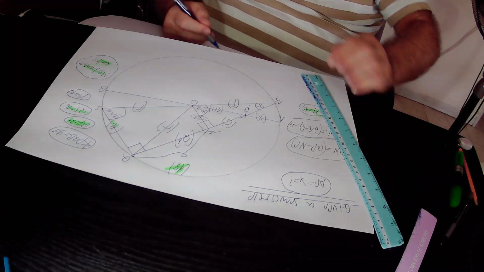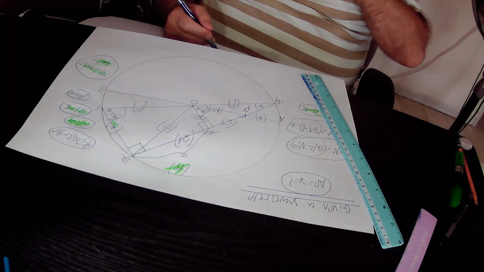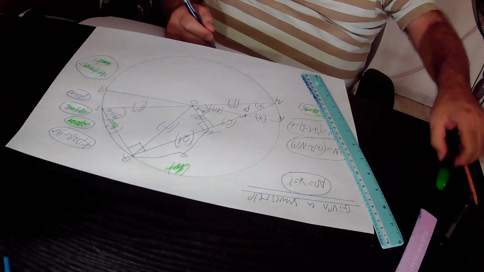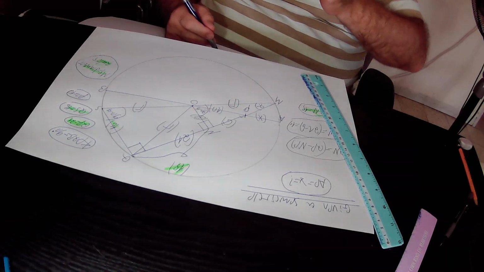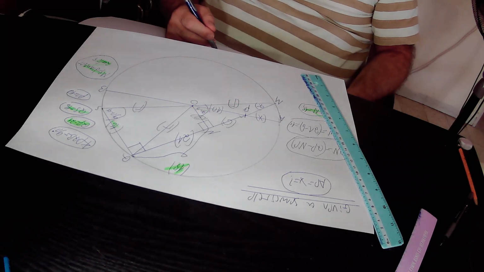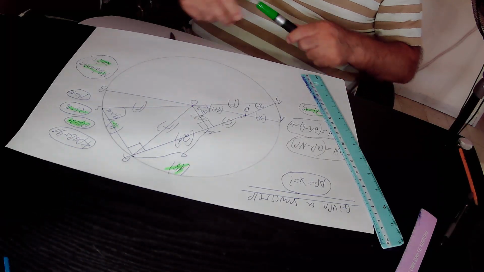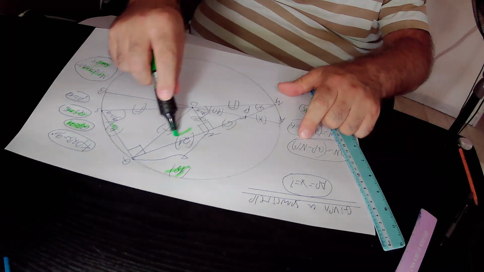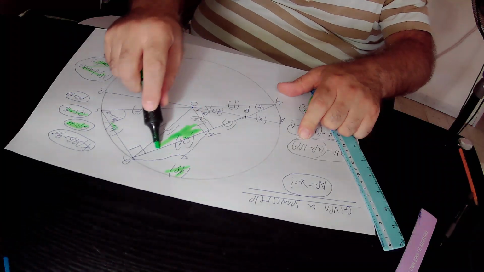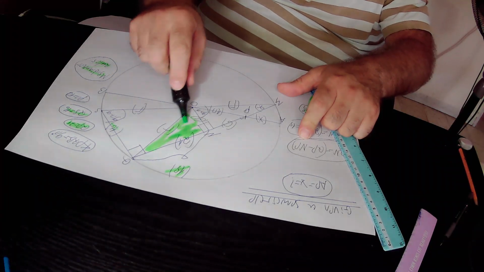In the next step, I'll copy the right triangle QNO onto a new page, and we'll implement the Pythagoras theorem on this right triangle QNO. So this is the right green triangle QNO.